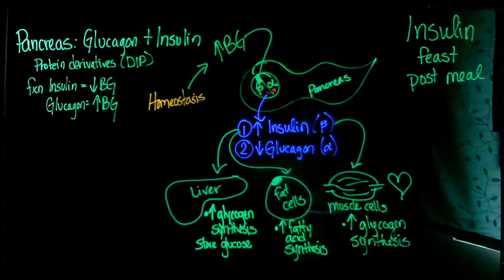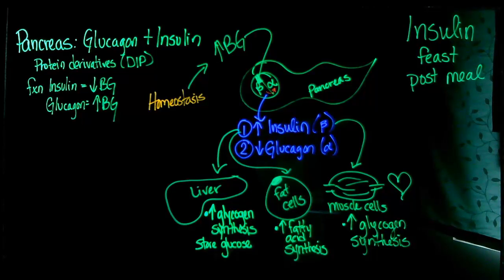You may be familiar with glycogen stores in the heart or glycogen stores such as carb loading before a race to store glycogen into muscle cells. Now, fat cells don't store glycogen. Their goal is to store fatty acids and triglycerides. And so when there is excess glucose, those fat cells are going to absorb the blood glucose under the signal of insulin and store it in complex fats for a later time period.